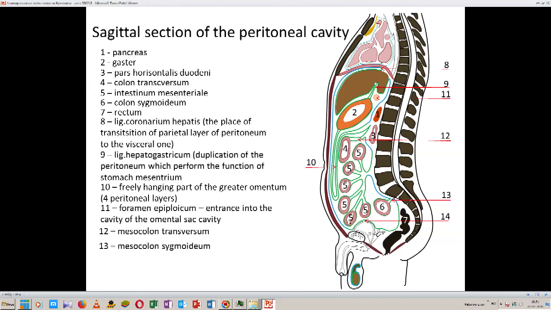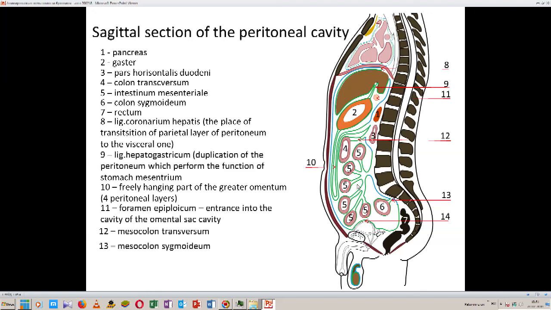Ascites is pathology when a large amount of pathological fluid is placed inside of the peritoneal cavity, between the parietal and visceral layers, or between 2 visceral layers.